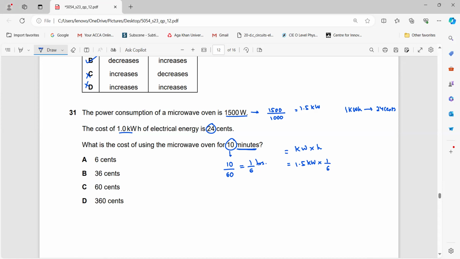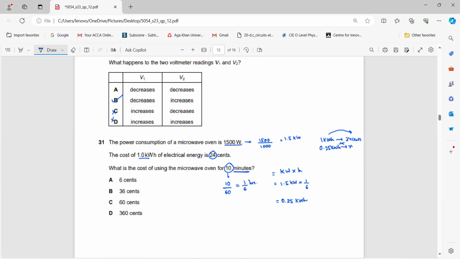That's going to be 1.5 into 1 over 6. Let me just do this. It is 0.25 kilowatt hour. Now, if 1 kilowatt hour costs you 24 cents, then 0.25 kilowatt hour will cost you X. And 24 into 0.25 is going to be 6 cents is my answer.